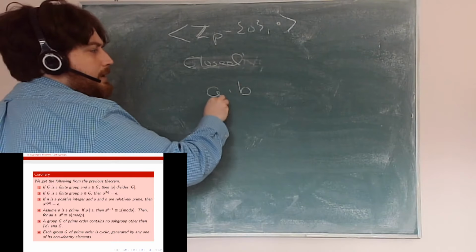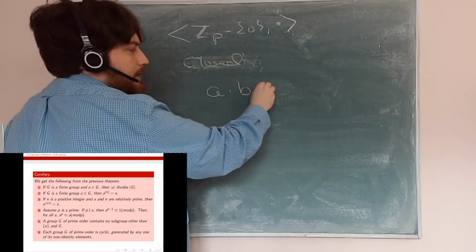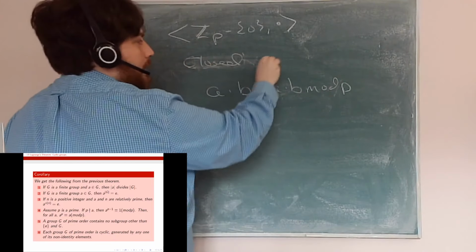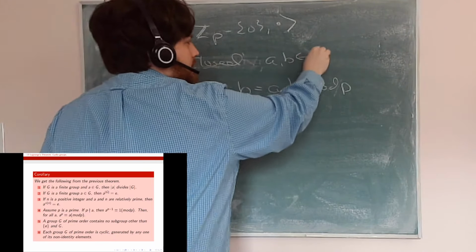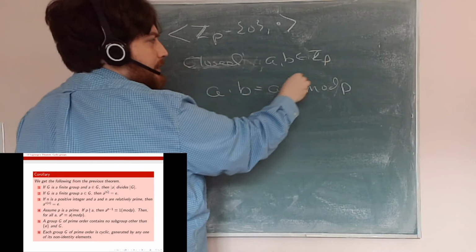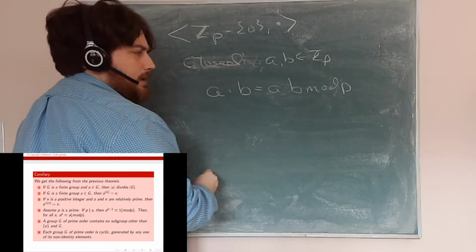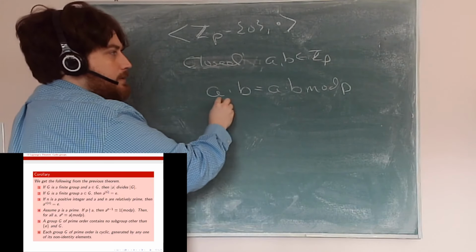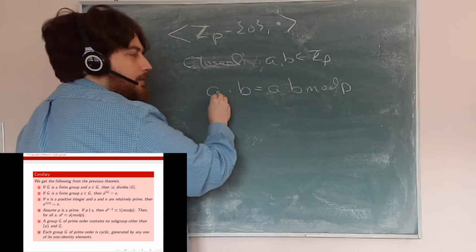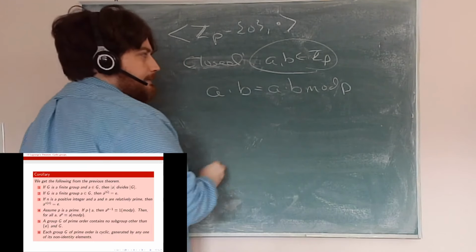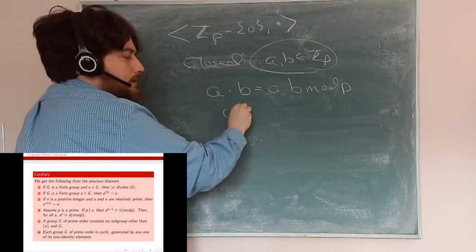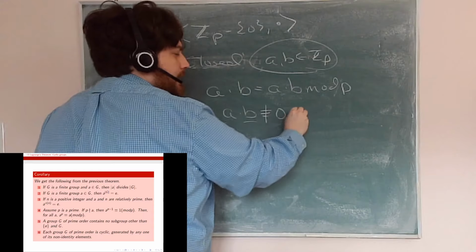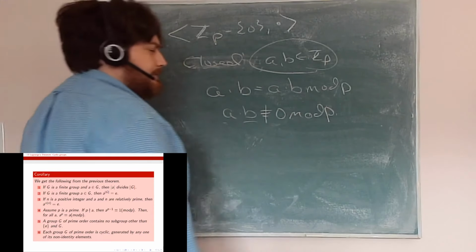But if I want to start with non-zero, what I really have to show is that if a and b are non-zero, a times b cannot be congruent to 0 mod p.